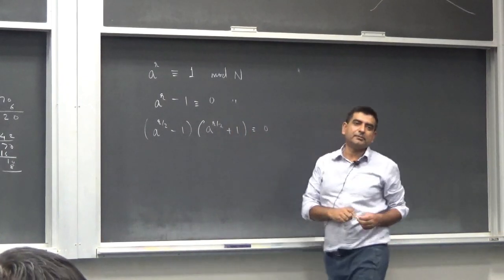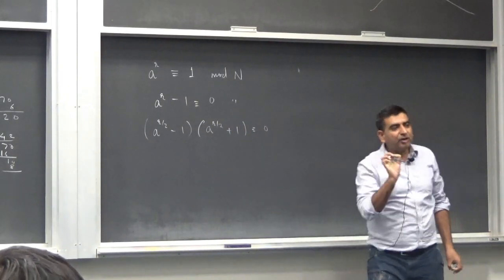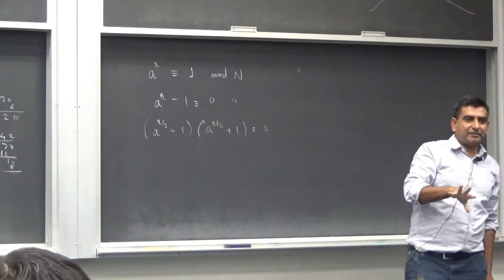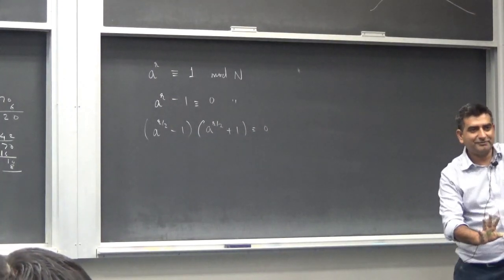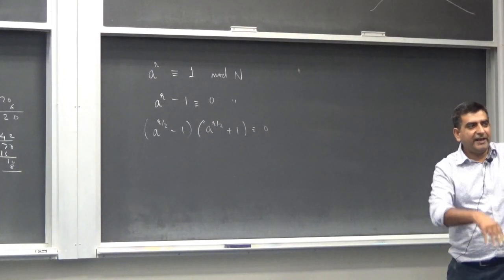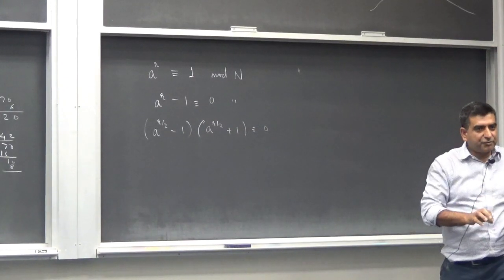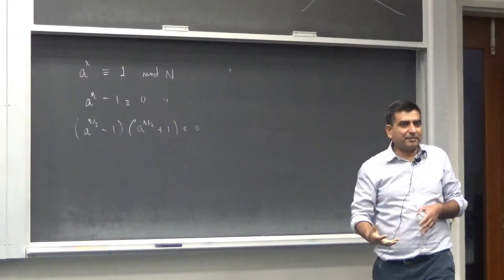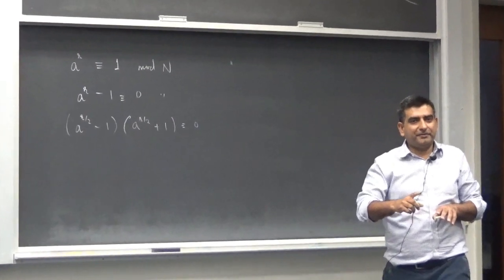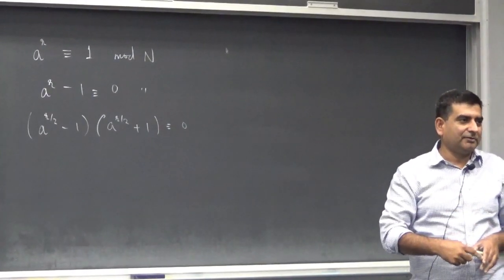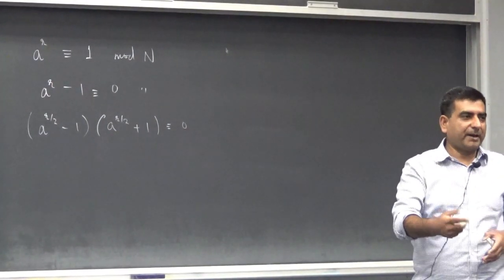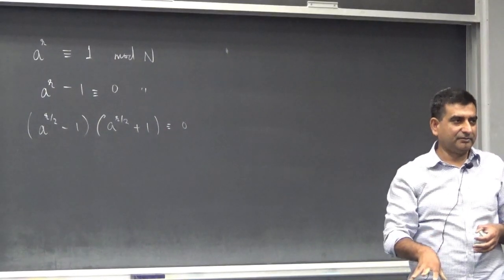Correct? Now if my small r turns out to be an even number, I proceed. If my small r turns out to be an odd number, I rerun my algorithm with a different choice of A perhaps, because I'm choosing A's randomly.